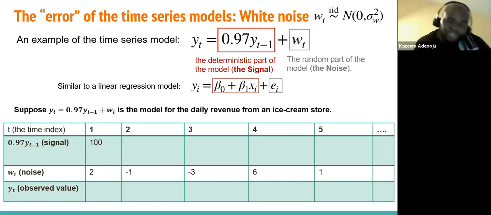It cannot be linked to the past, or to the immediate past. What I got yesterday cannot explain what I'm going to have as revenue today. What I got a day before cannot explain that.